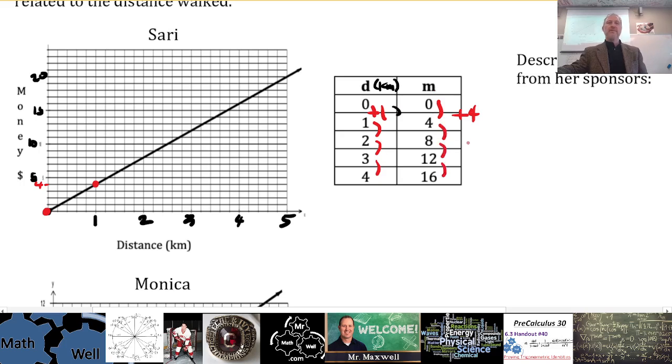Do you guys see that? It's all plus 4. So every kilometer we add 4. So 4 plus 4 would be 8 right here. Okay? And then add another 4 would be 12. And maybe you can see that we're actually multiplying by 4. Each kilometer is times 4 to get the money owed. Do you see that? Interesting.